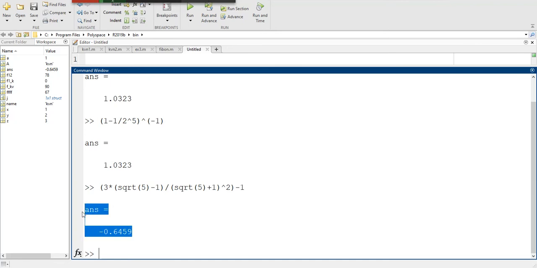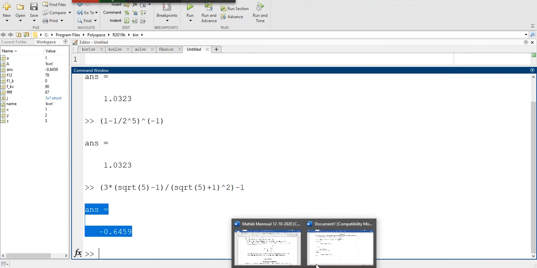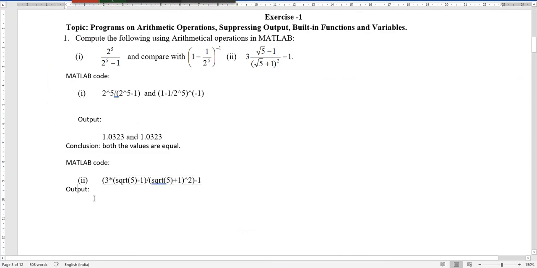If you want, copy both, no problem. Answer equals this one. Now reduce the gap, okay, just for a space problem. So, this is the first question, very simple. Now, this is the Matlab code.